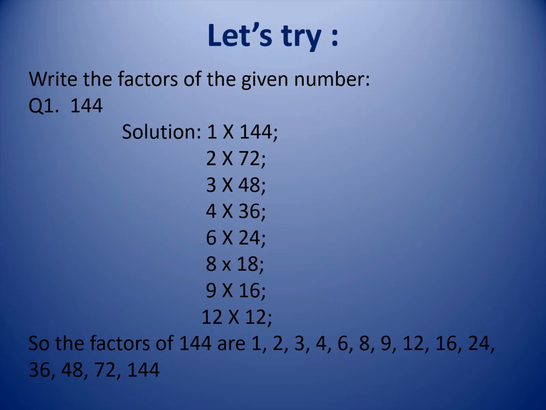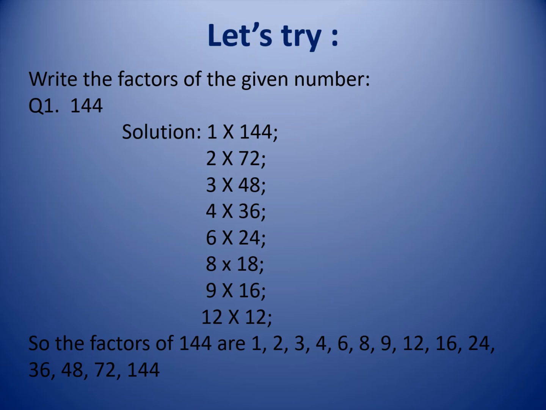Then we shall divide 144 by 3. Then we will get 3 multiply 48. Same as 4 multiply 36, 6 multiply 24, 8 multiply 18, 9 multiply 16, and 12 multiply 12. We shall stop when we get the reverse numbers.